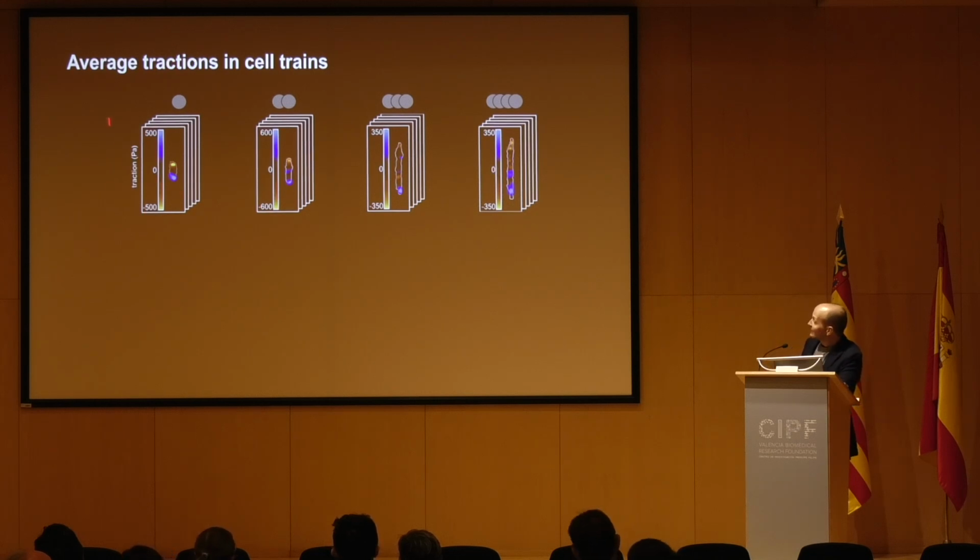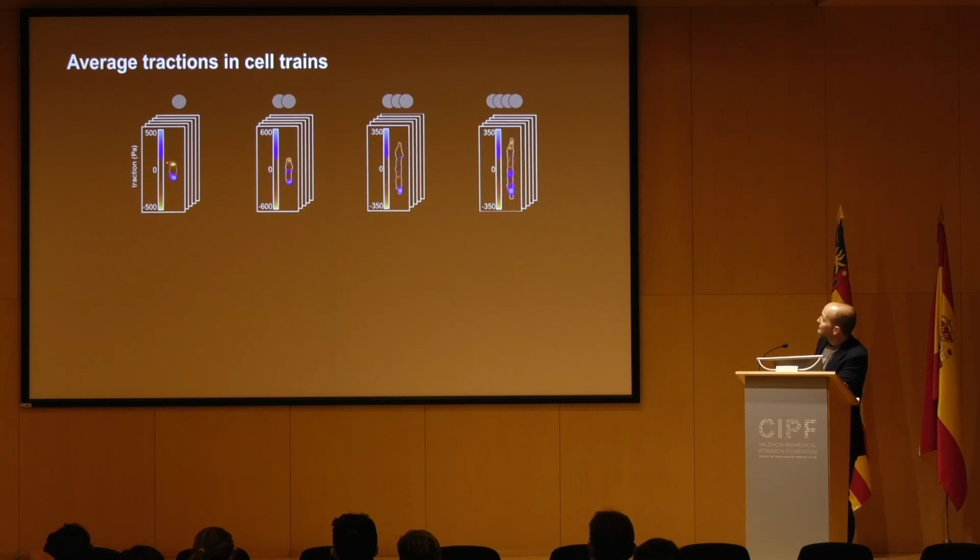So Leone looked at many of these groups, and what he found is that when you have a single cell, basically what you have is two hotspots of traction, one at one edge and the other at the other edge. So basically what this cell is doing, it is grabbing on the substrate here, there. It's contracting. Okay, so this is what these force maps are telling you. And for doublets, you get the same. As you go to bigger groups, then you start seeing that there are hot spots in the middle.